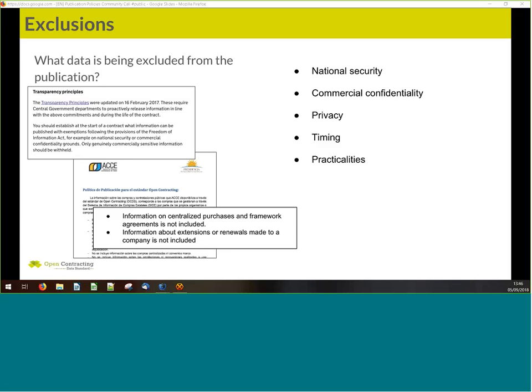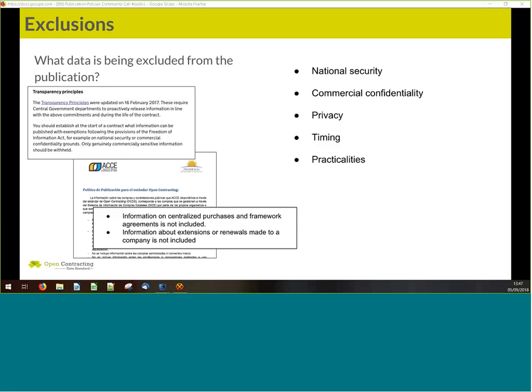But it's really important to be clear with users for them to know when they pick up the data what is and isn't included. So by setting out those reasons in a publication policy, it means the users know what to expect, but also it means that they can check whether that reasoning is being applied consistently.